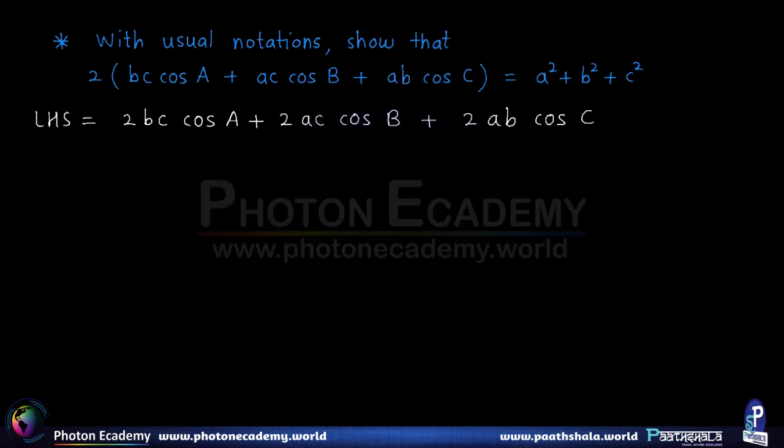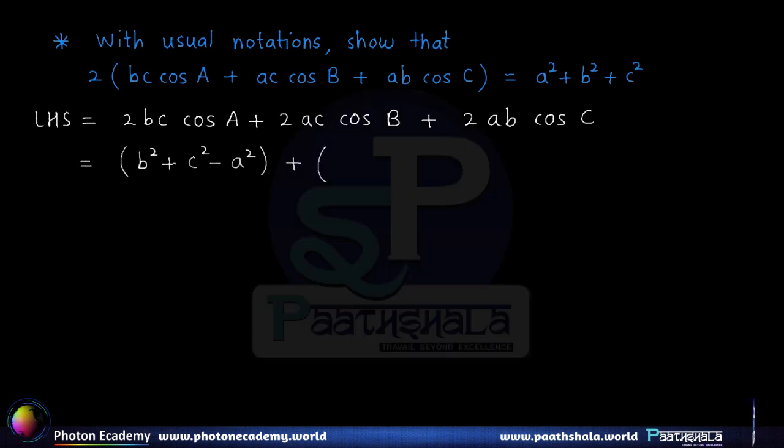We just saw that the statement of the cosine rule can be rearranged. So 2BC cos A can be written as b square plus c square minus a square. Similarly, 2AC cos B can be written as a square plus c square minus b square. And lastly, 2AB cos C can be written as a square plus b square minus c square.